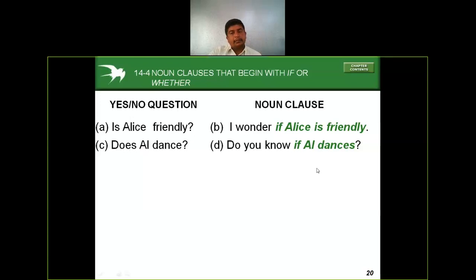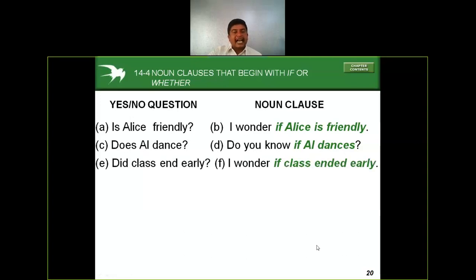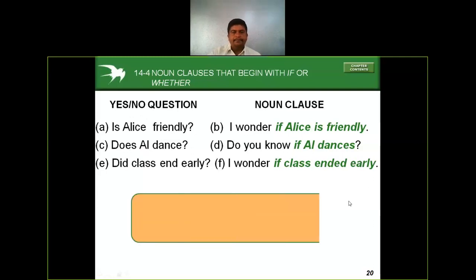It is third person singular. See, do you know if Al dances? Third one: Did class end early? This is a yes or no question because it has an auxiliary verb. How has it been used in the noun clause? I wonder if the class ended early.